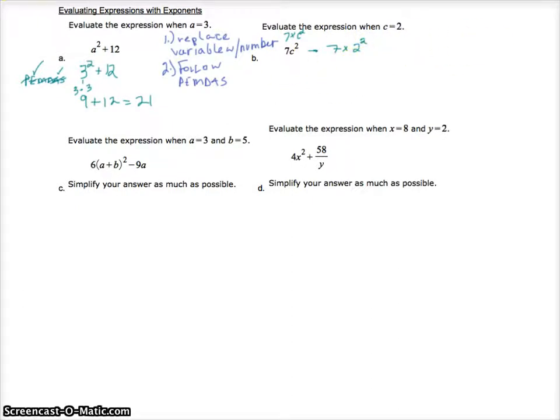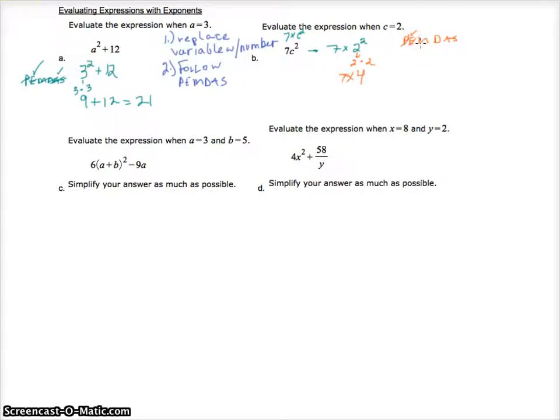Now I need to follow order of operations again. Parentheses, exponents, multiply, divide, add, subtract. I don't have any parentheses, but I do have an exponent, and it is 2 squared. And 2 squared is 2 times 2, which is 4, and then I'm left with times 7.